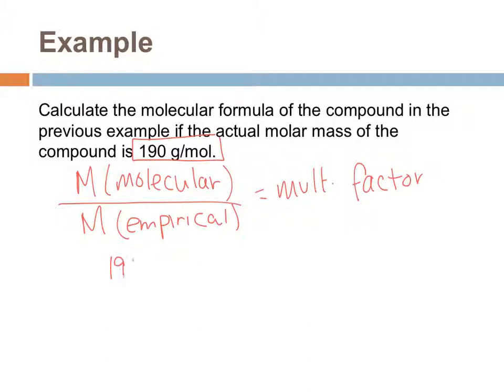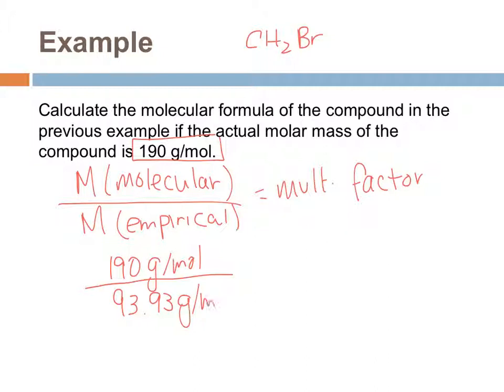So the problem tells us what our molar mass of our molecular formula is. It's 190 grams per mole. And then we want to calculate the molar mass of our empirical formula, so our CH2Br. If you do that calculation, and you should double check and make sure you get the same numbers, you get 93.93 grams per mole. So if we take 190 divided by 93.93, you get 2.022, and so on.